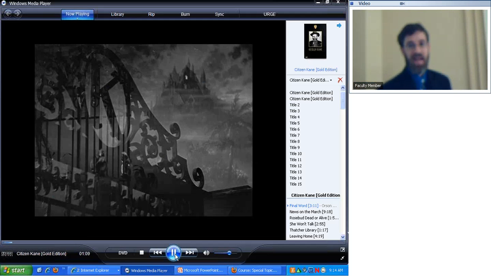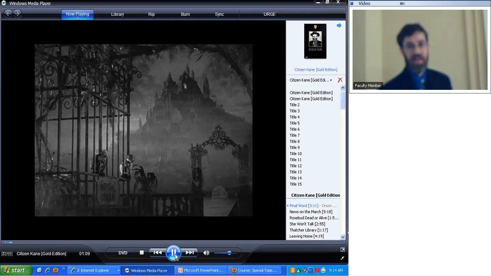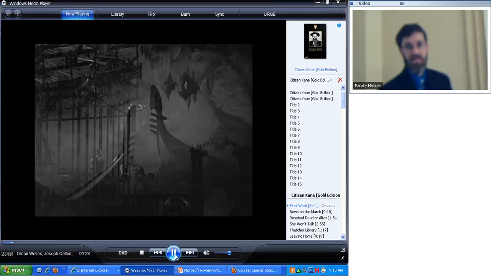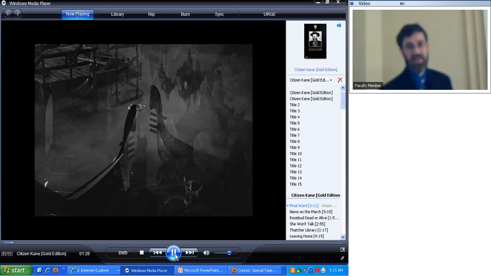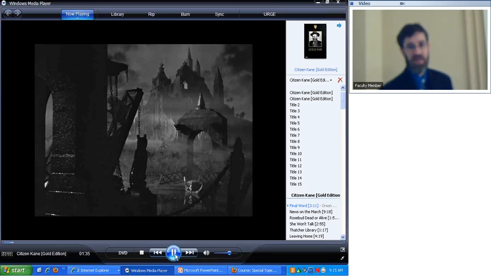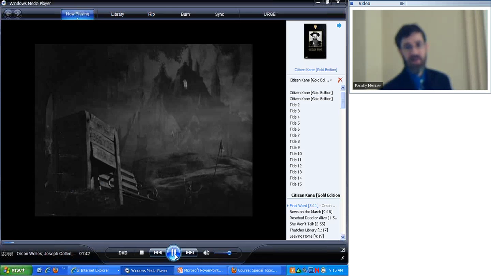I want you to look at how the camera looks from it. What the camera does. It moves forward, right? Now the camera's focusing a little bit more. Now it's showing you focus a little bit more.